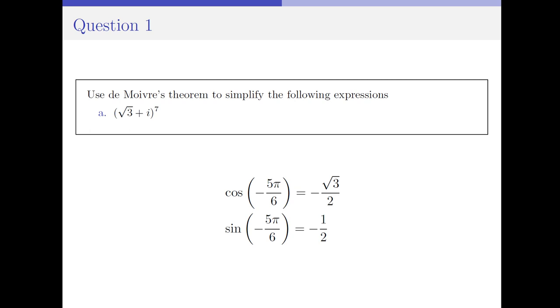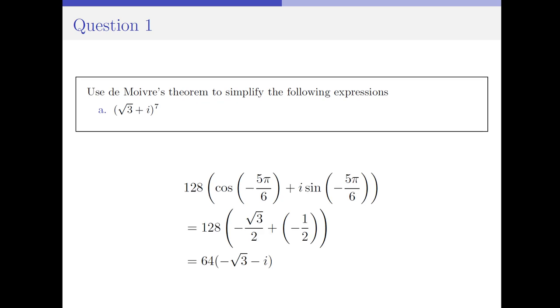And then what we do now is we just replace cosine of minus 5 pi over 6 with minus root 3 over 2, and similarly we replace sine of minus 5 pi over 6 with minus 1/2, and that's done in the next slide.